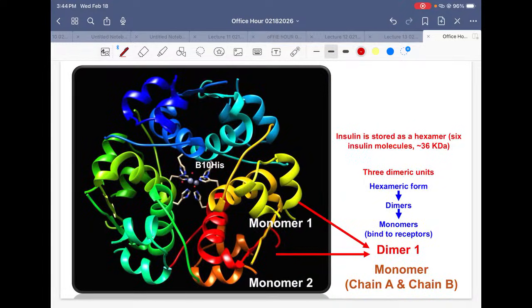Now, the question is how this thing works. This insulin is not a single molecule there. It's only the monomer that activates the receptor. The receptor does not bind to a dimer, tetramer, or a hexamer of insulin. But inside of the body, insulin aggregates.